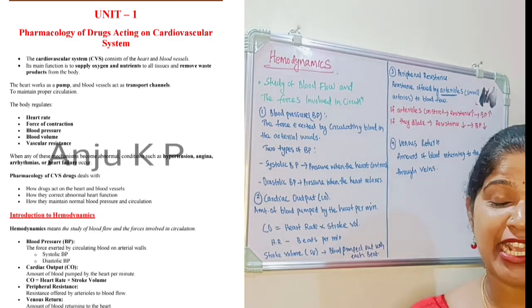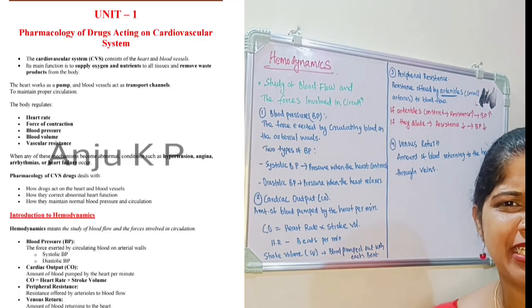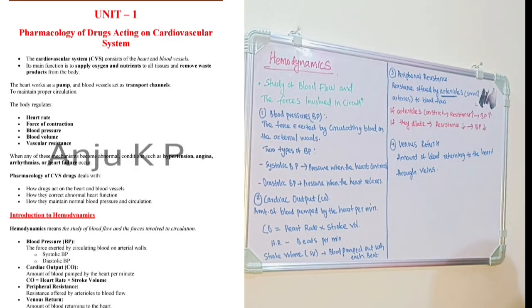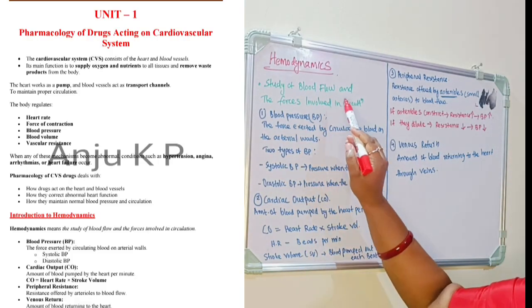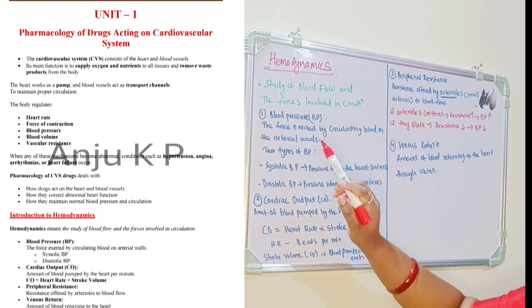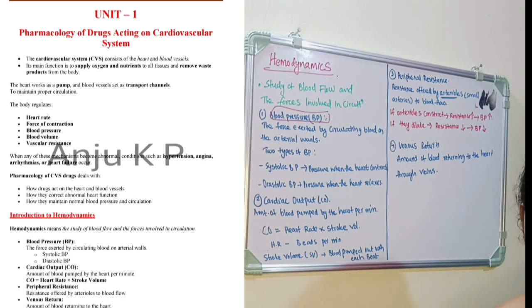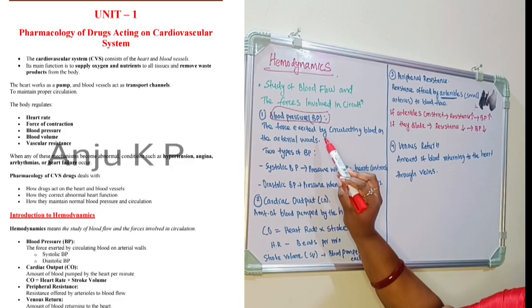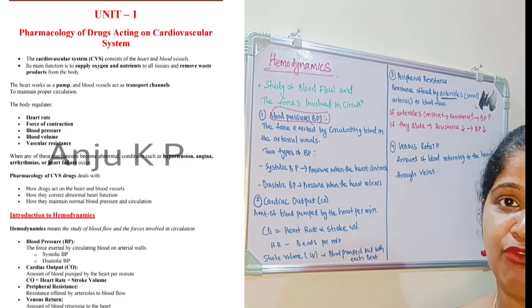Next we will see the next concept, hemodynamics. Hemodynamics is the study of blood flow and the forces involved in circulation. First, what is blood pressure? Blood pressure is the force exerted by circulating blood on the arterial walls.